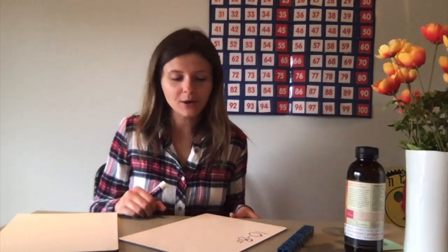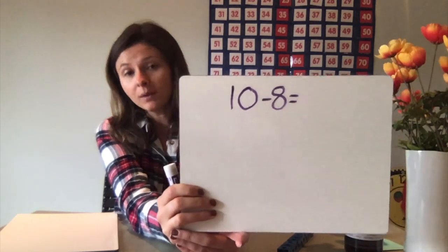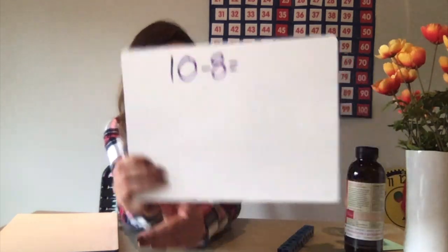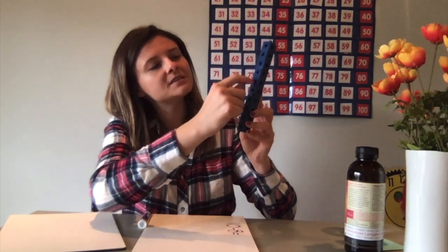All right, so if I have the problem 10 minus 8, one way I could solve this that we've talked about in class is by using some objects that I can count. So I have these blocks, and there's 10 of them. 1, 2, 3, 4, 5, 6, 7, 8, 9, 10.